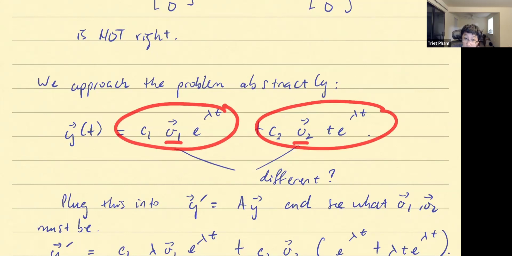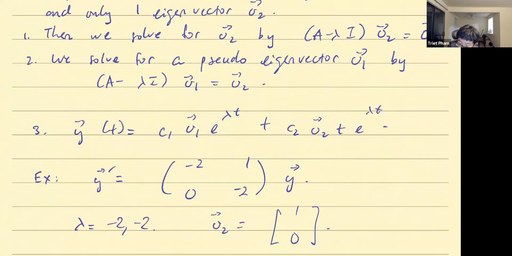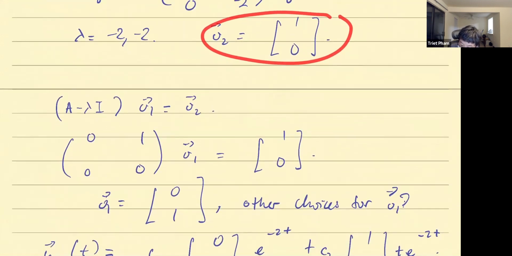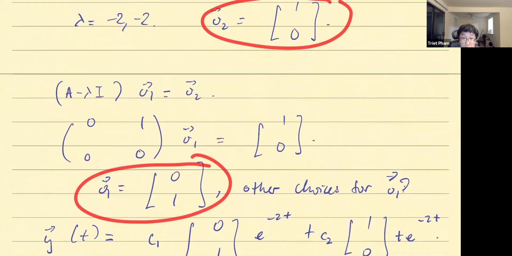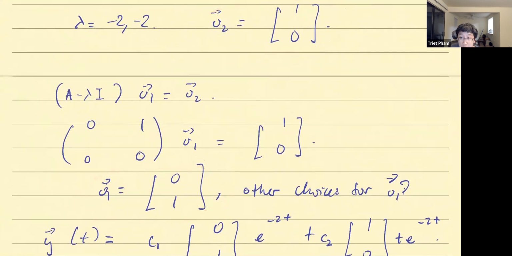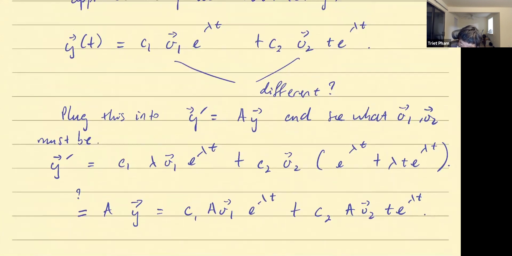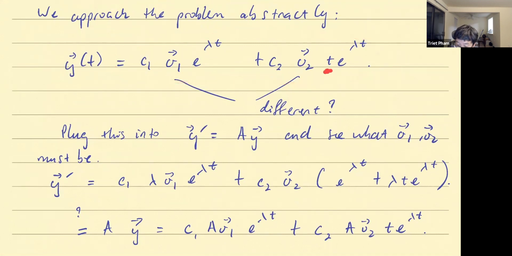So in other words, in our example, 1, 0 and 0, 1 are our V1, V2. Correct. V1 is the pseudo eigenvector. Correct. And exactly, so when we plug this structure in, for Lauren, you ask for the t, right?